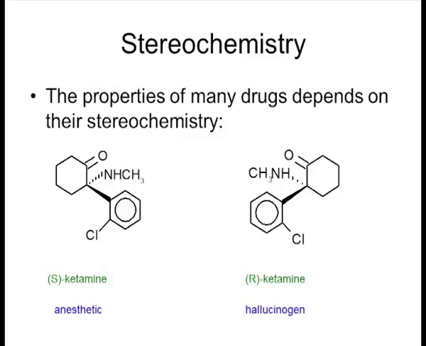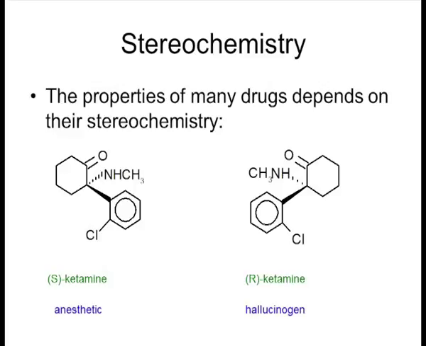So, this type of compounds with a non-superposable mirror image relationship are called enantiomers. One compound, say S-ketamine, has a plus specific rotation, and the other, R-ketamine, has a minus specific rotation, or vice versa. But one is found to be an anesthetic, like S-ketamine, and look at the biological properties of the other one: it is a hallucinogen.